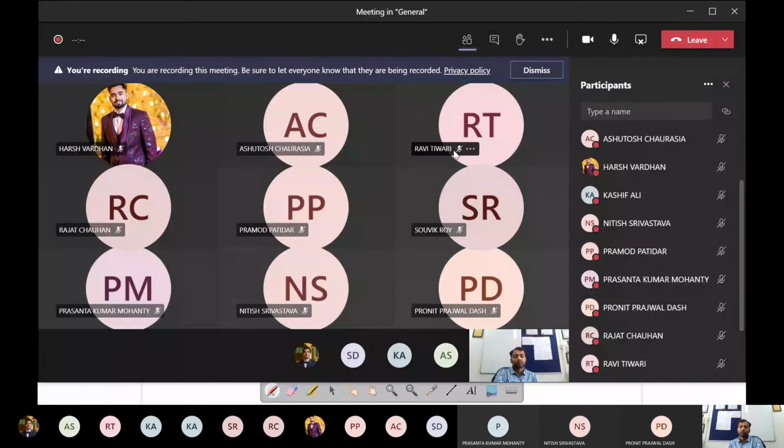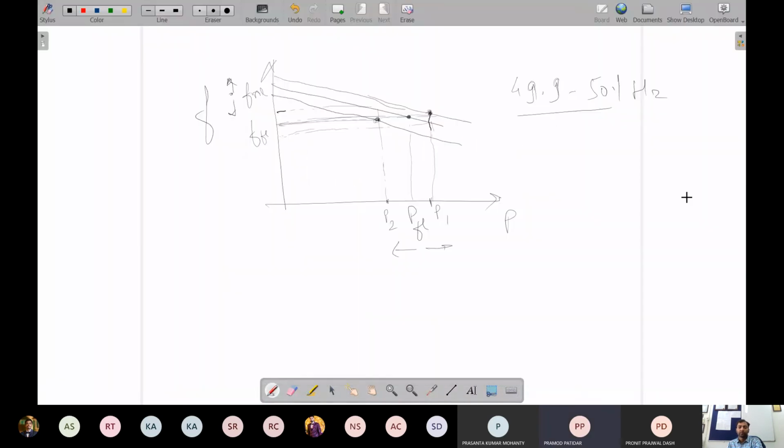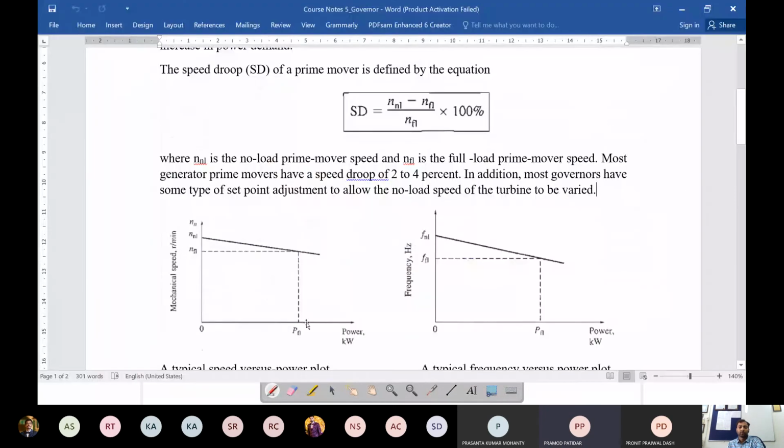Yes, anything else? Someone else was also asking something. Yes, from the viewer: sir, in that graph of speed versus power, here PN is the full load maximum power. The rated power, not maximum.